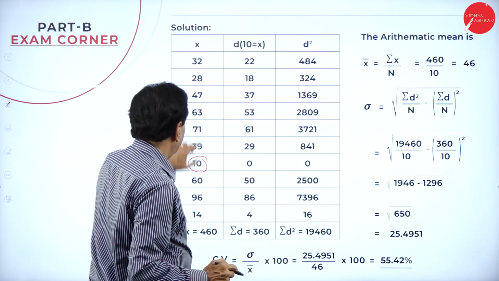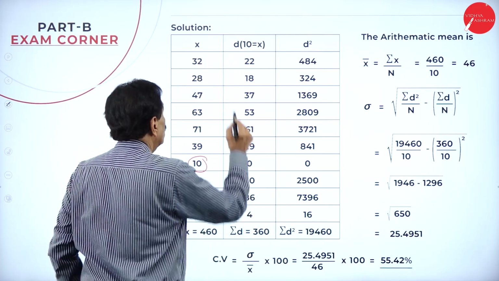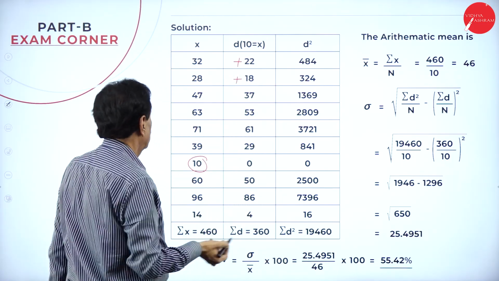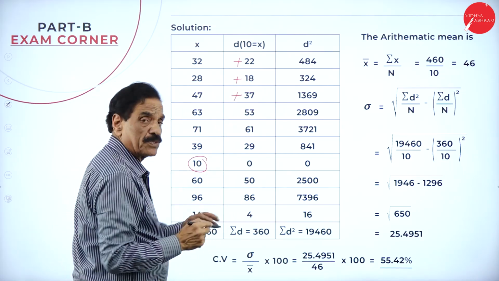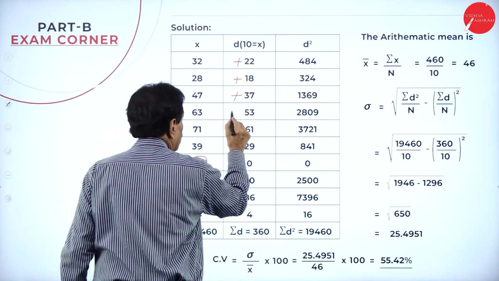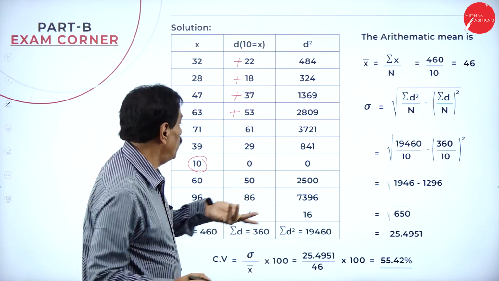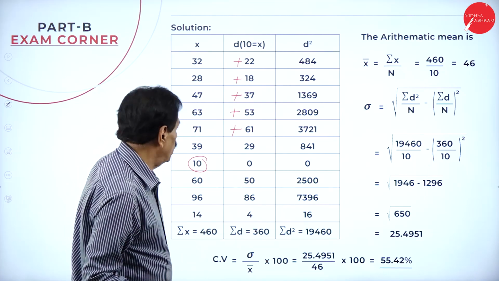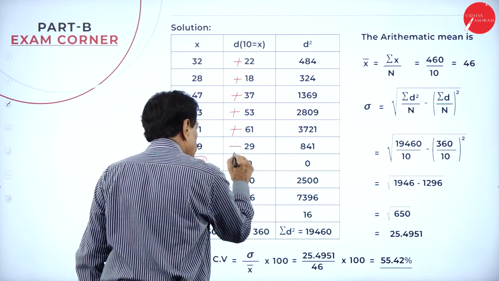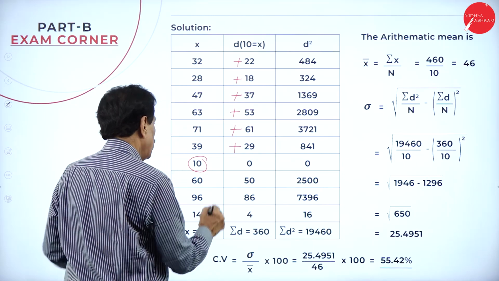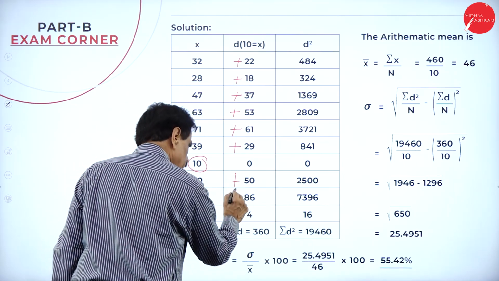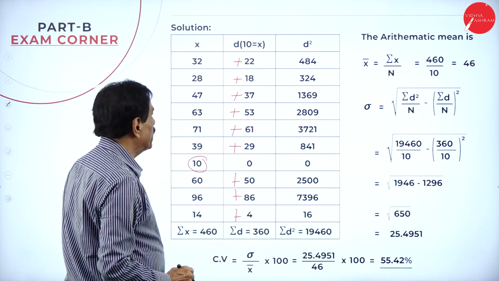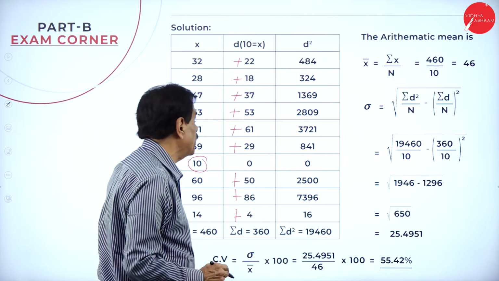Then 32 is 22 more, 18 is 18 more, 47 is 37 more, 63 is 53 more, 71 is 61 more, 39 is 29 more, this is the base. 60 means 50 more, 96 means 86 more, then 14 means 4 more. If we add, this is sigma d, we say 360.